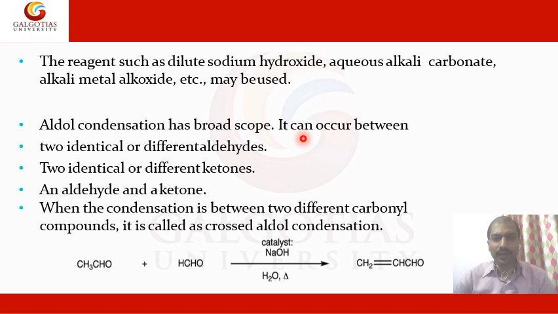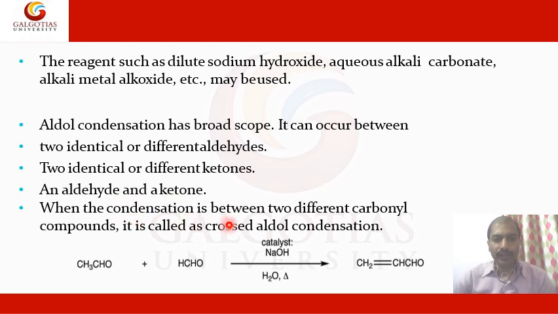These are very simple reactions. Aldehydes with alpha hydrogen in the molecule are what we have to take during the course of the reaction. Two identical or different aldehydes can react. Two identical or two different ketones can also make this kind of condensation product. An aldehyde and a ketone can also give this kind of product.